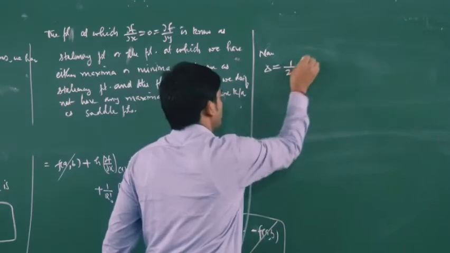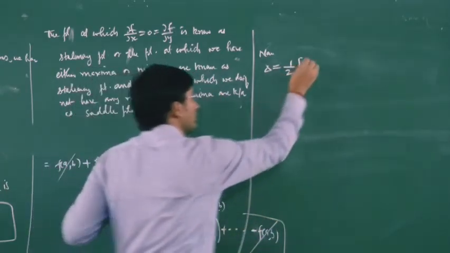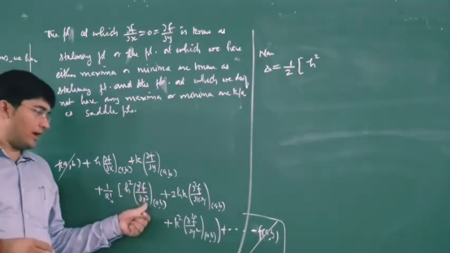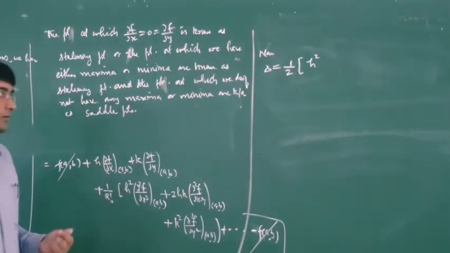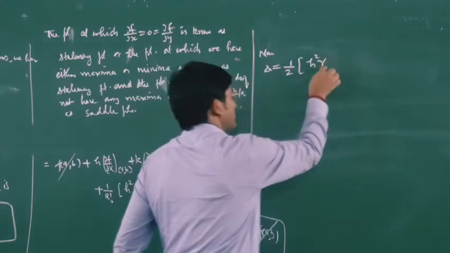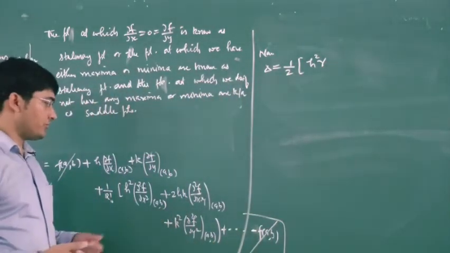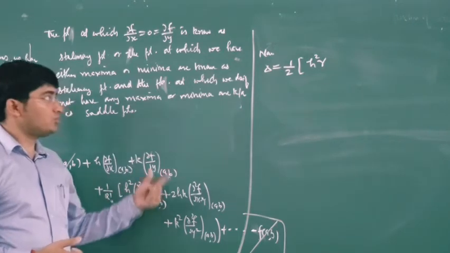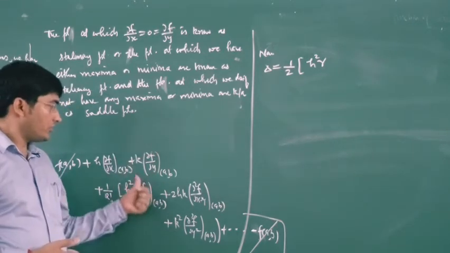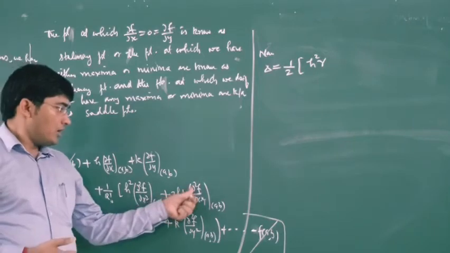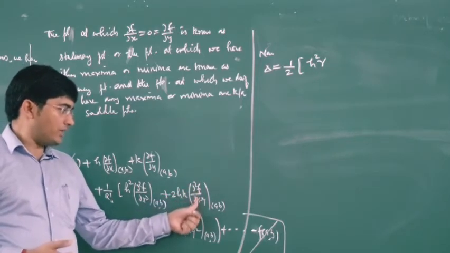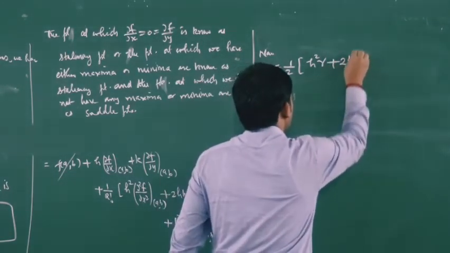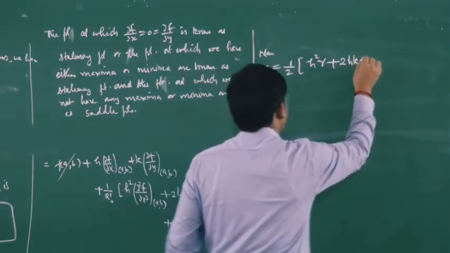by 2 h square del 2 f upon del x2 at a comma b, denoted by r. We have this standard notation for the partial differential equation. In partial differential equations we denote del 2 f upon del x2 by r. So we are denoting this one by r. Del 2 f upon del x del y is your s, so this will be 2hk into s.